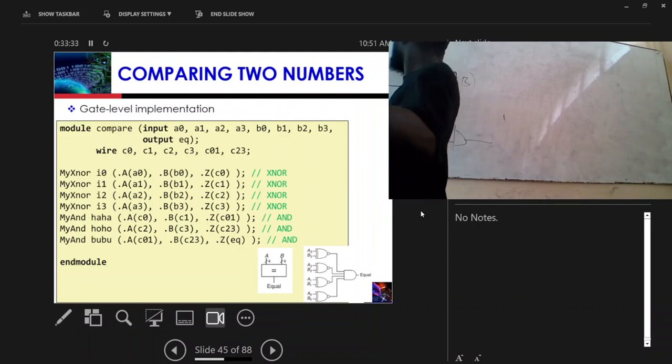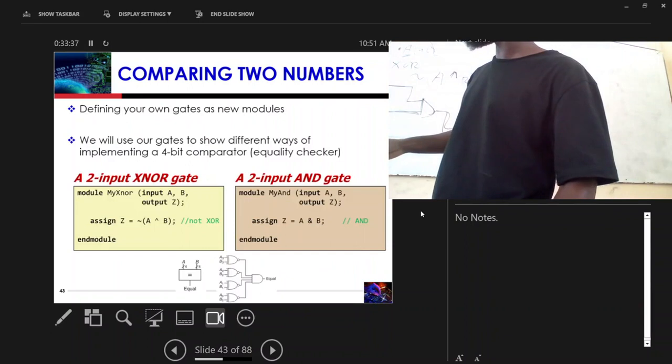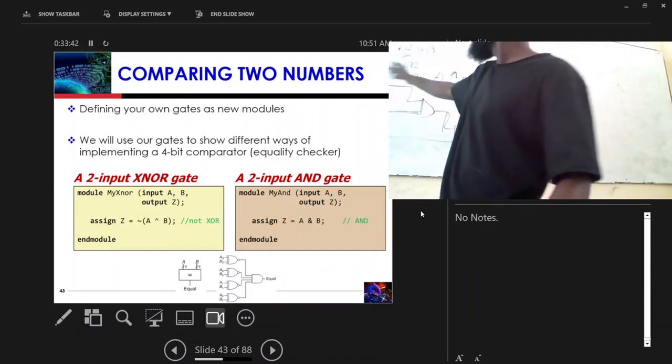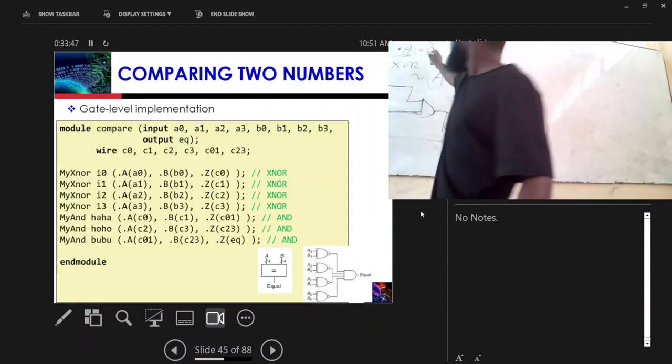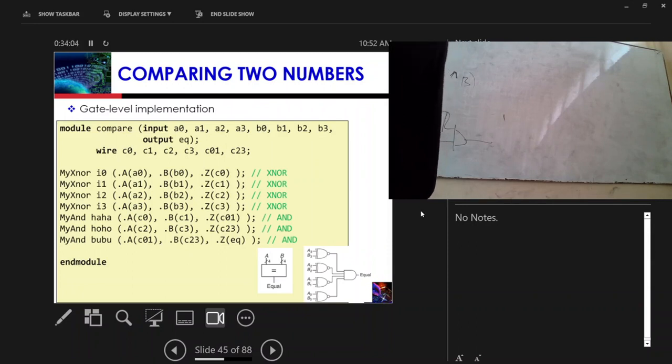It means that I have a module here. My XNOR has input A, right? So that is for the .A, and then I have A0 here as input. I just connect it to the .A. Is that easy, right? Do you guys understand? Okay, so that is how it looks like.